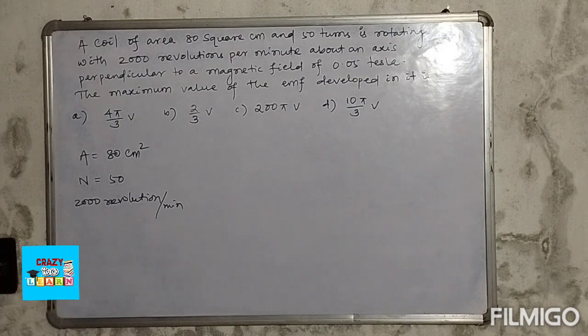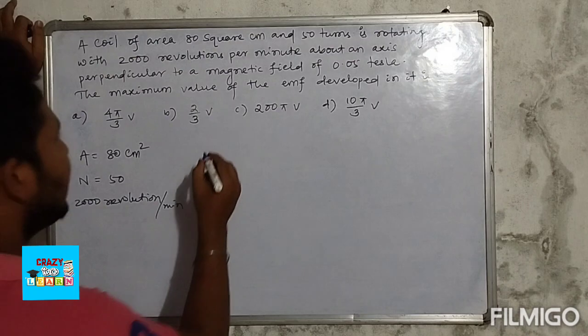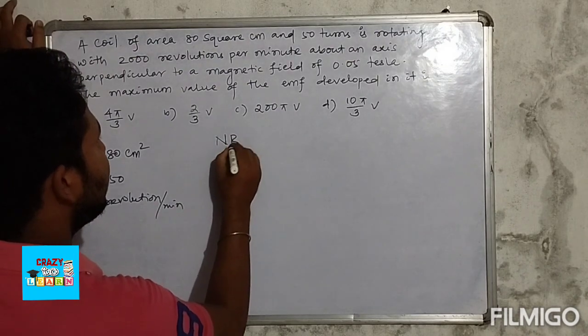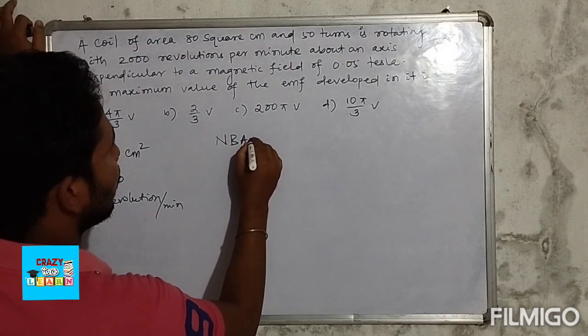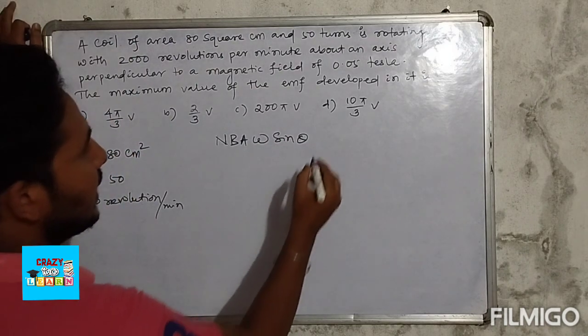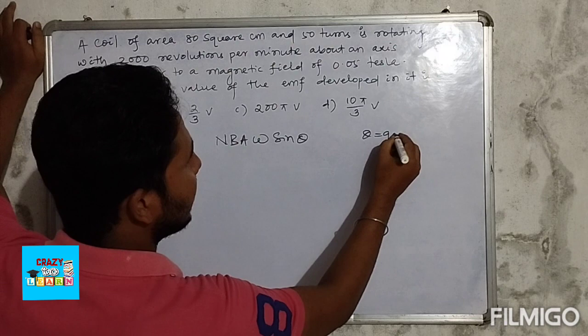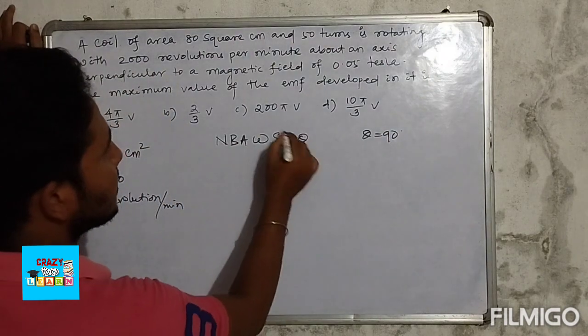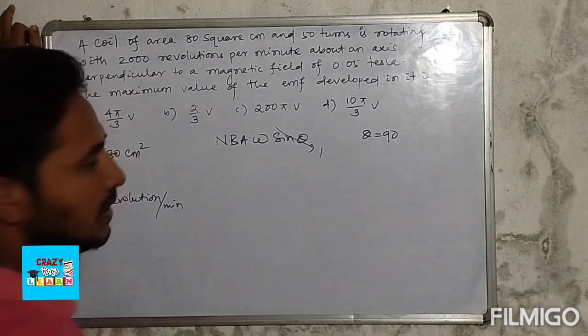Okay, so let's start. How to calculate? What is the formula? To calculate the maximum value of EMF, the formula is NBA omega sin theta. As theta is given to you as 90 degrees, sin theta is equal to 1.